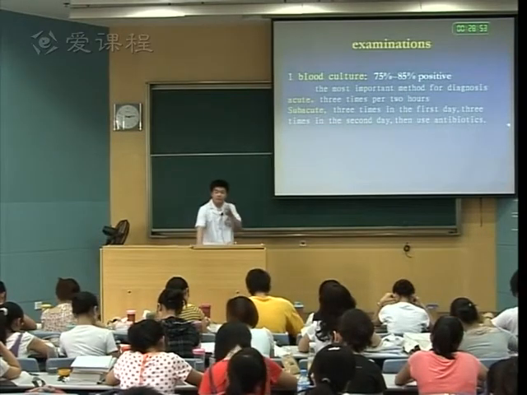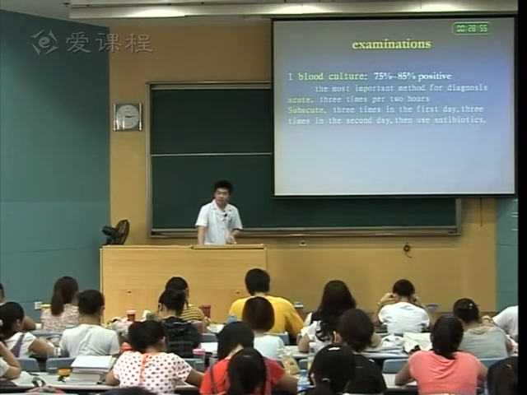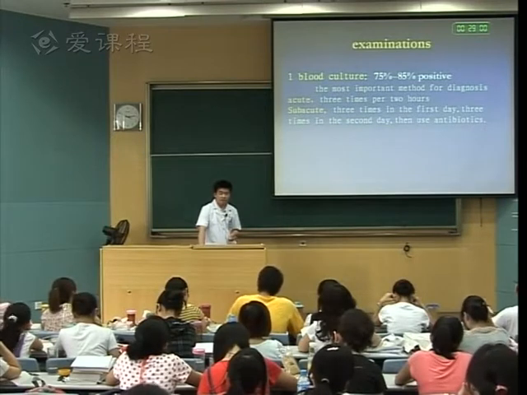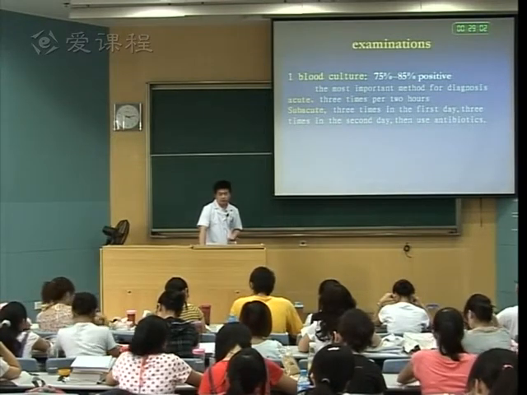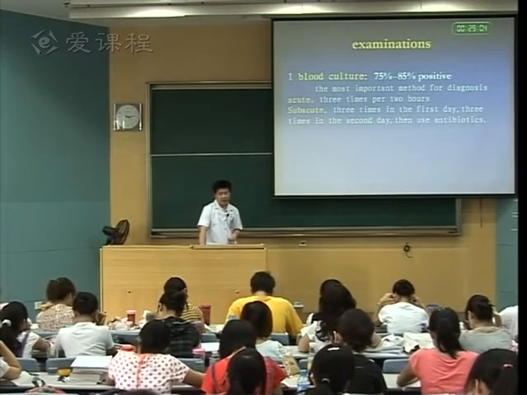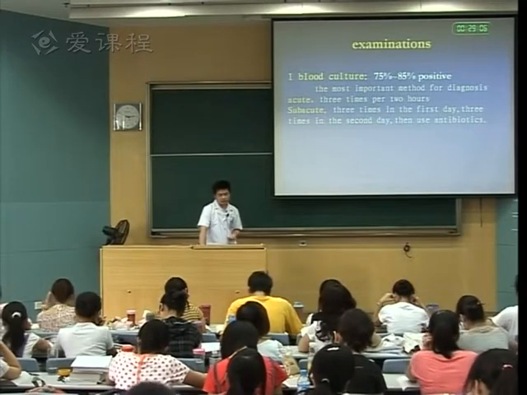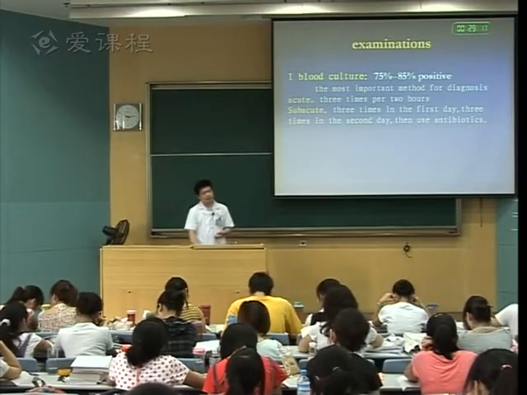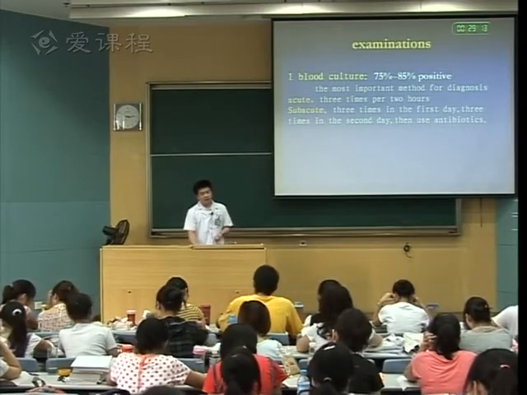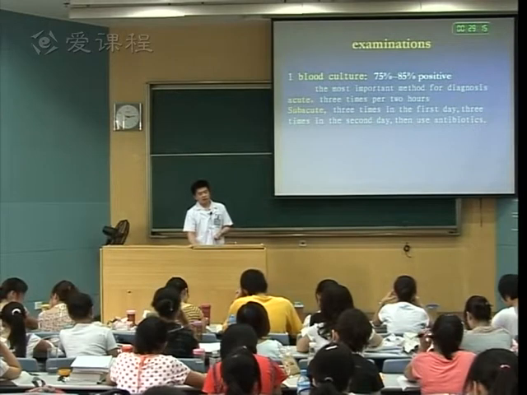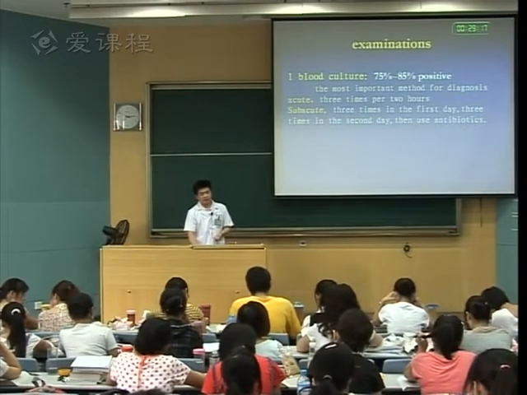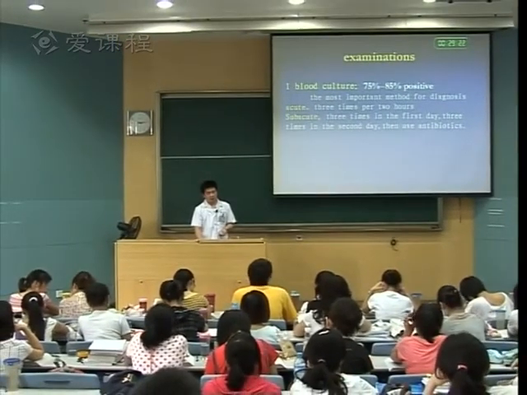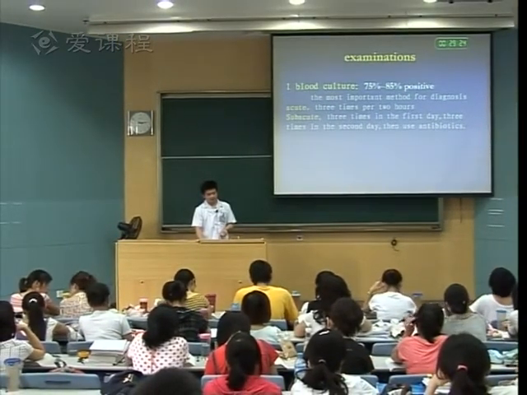So how to examine the infective endocarditis? I just talked about the main steps. The first, we need to do blood culture because, as we know, infective endocarditis is always caused by microorganisms. So we need to figure out what organism caused the disease.